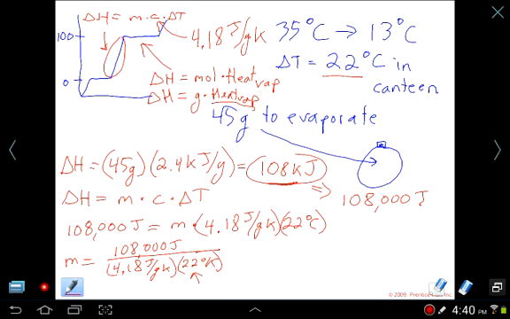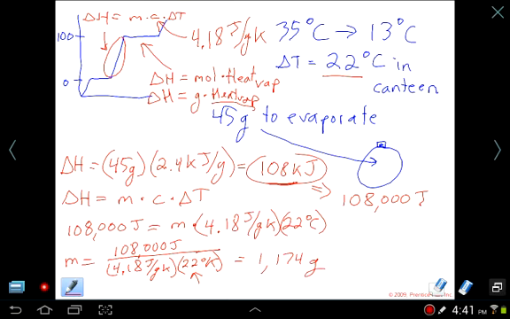We'll divide by 4.18, and that should give us 1,174, in this case grams, because we're solving for mass.